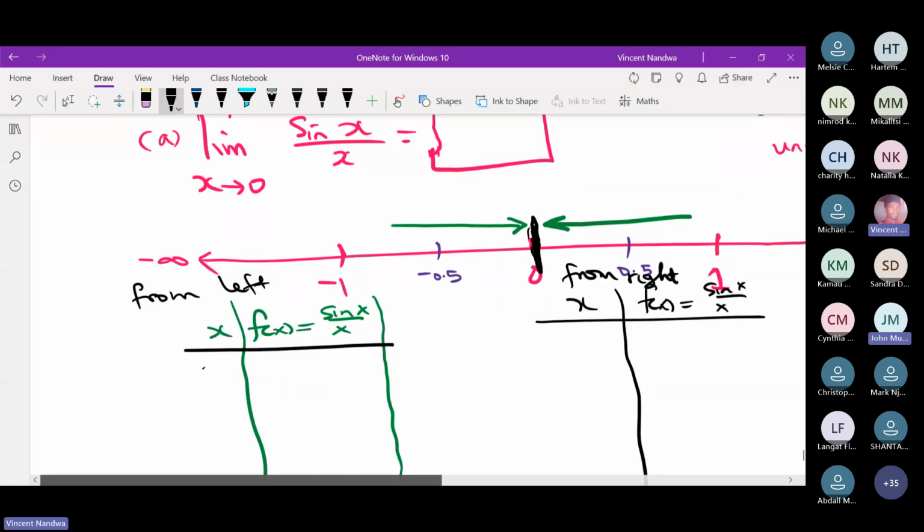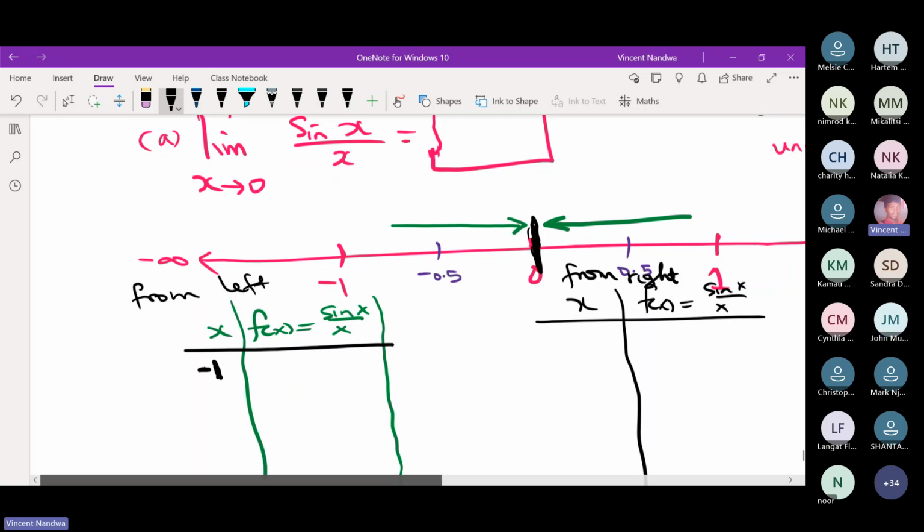We want to walk towards the number 0 on this number line. For the table on the left-hand side, let's say x is -1.